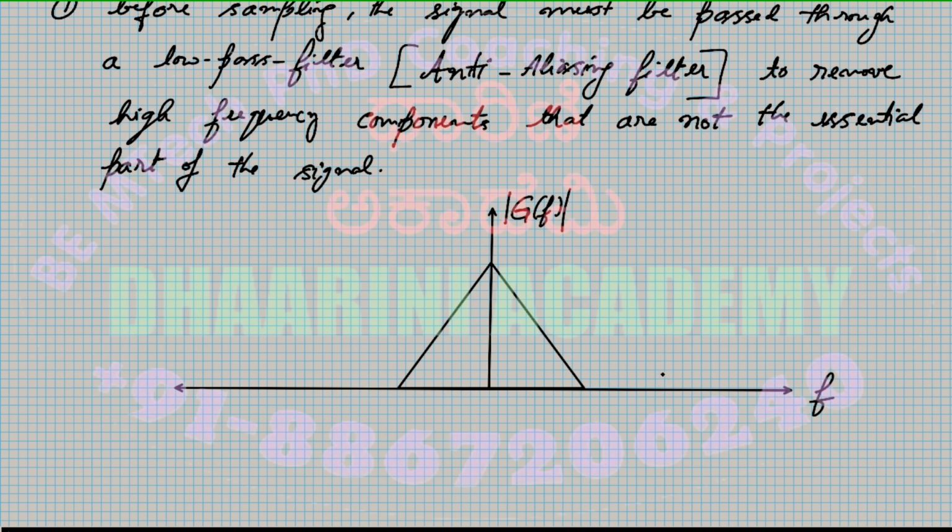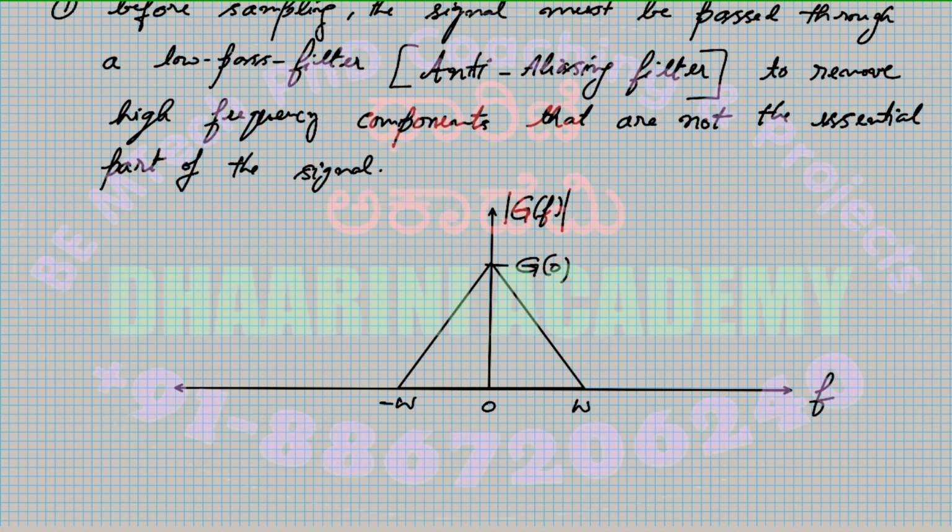Okay, so this is a band limited signal. There is a maximum frequency content of up to plus or minus W. Okay, so this is the G of 0 part. Right. So once you band limit your signal to a certain limit, this is how it's going to look like.